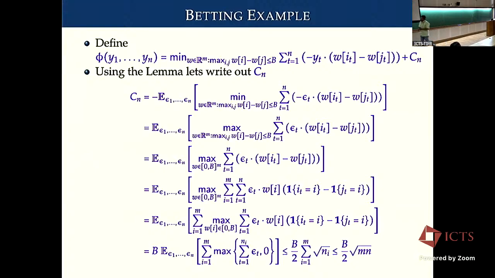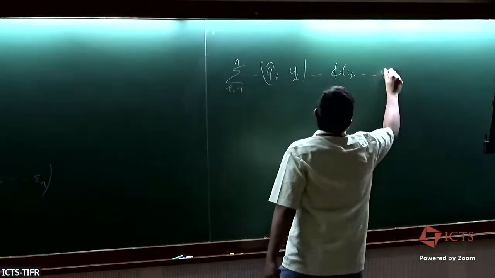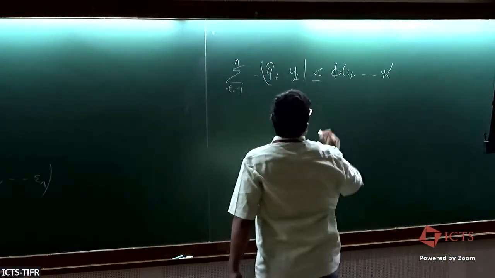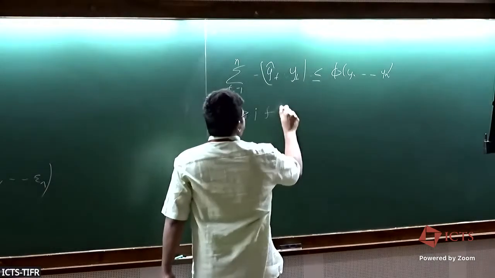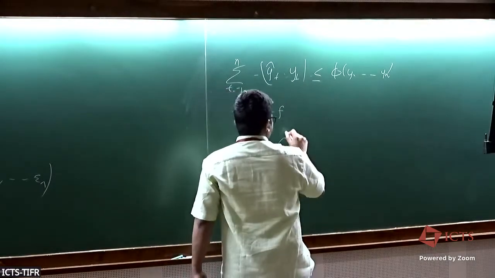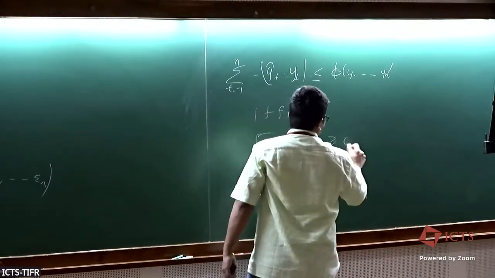And we already know how to compute this, because our lemma said that the sum from t=1 through n of minus y hat t times yt minus phi of y1 through yn is less than or equal to 0 if and only if the expectation of phi of epsilon is greater than or equal to 0, right?